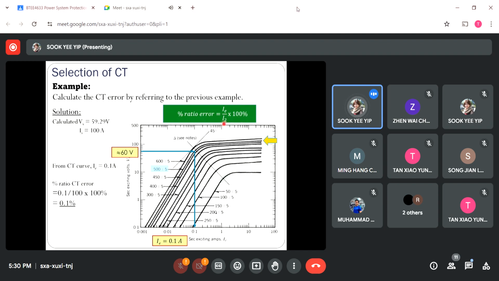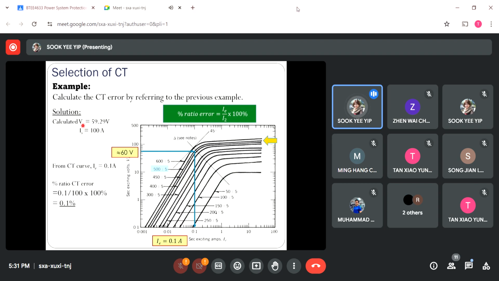For the secondary current, we already found it just now: when we are measuring 10 kA, the equivalent secondary current value will be 100 A. So what would be the Ie value, the magnetizing current value? This value can be extracted from the magnetization curve here.